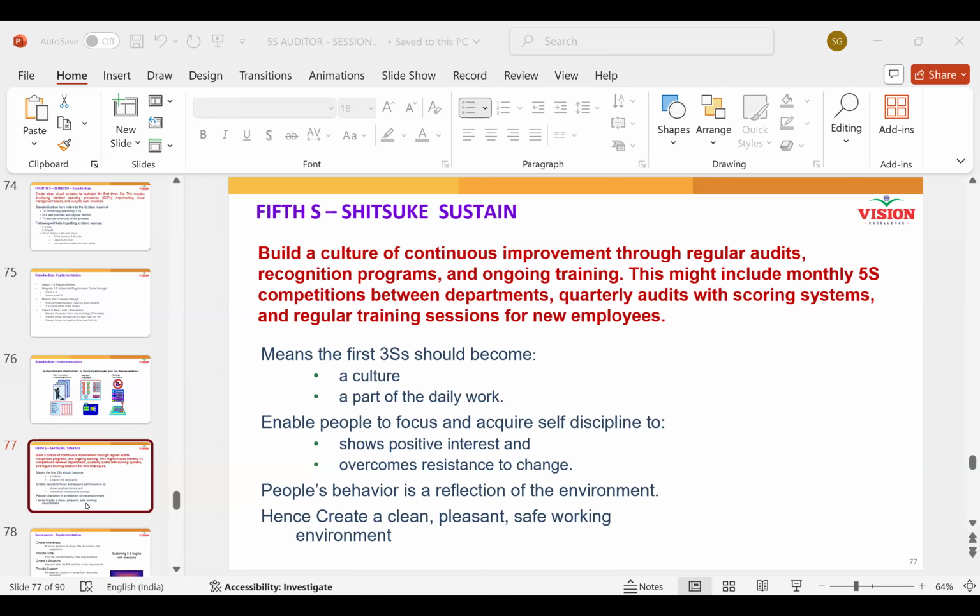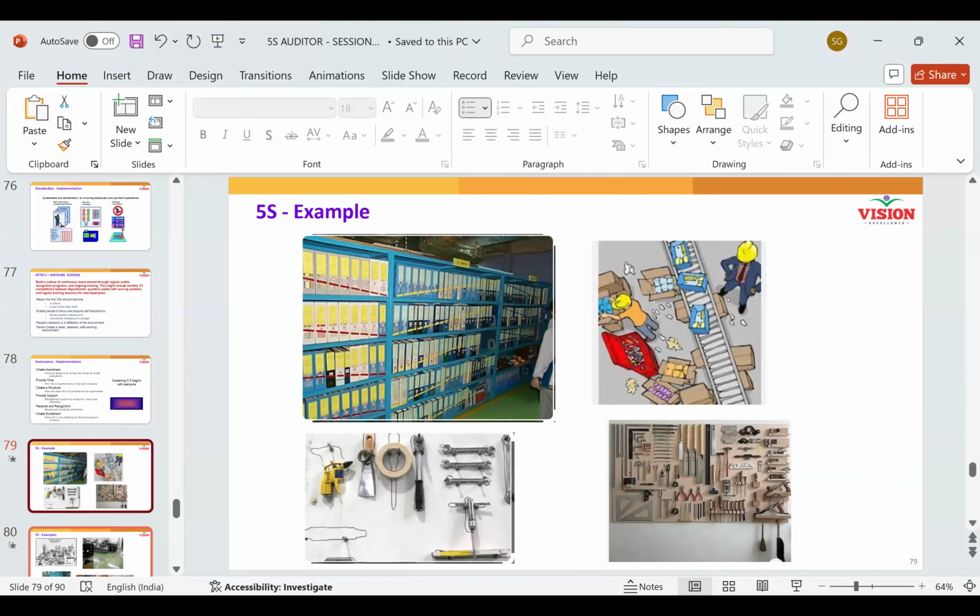When we take up a project, do we start from the problem statement, or do we need to choose a process? How do we identify where to start implementing 5S?